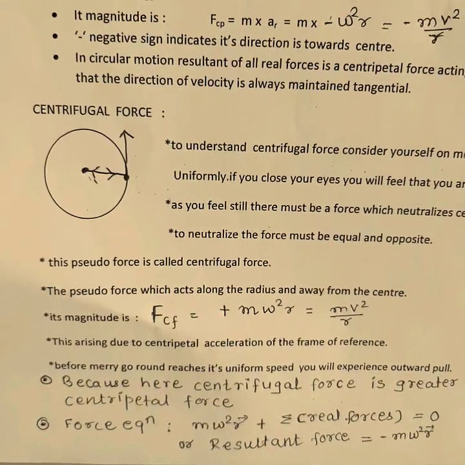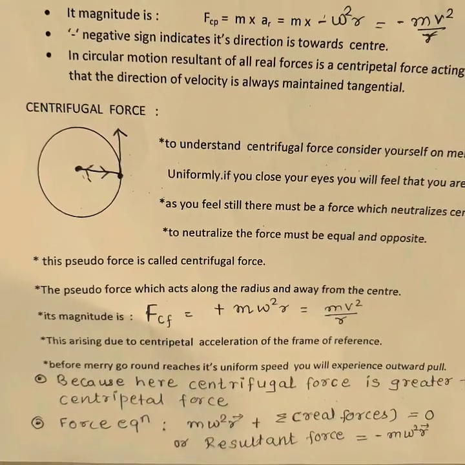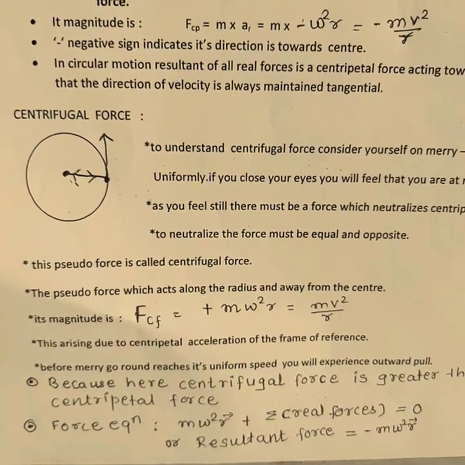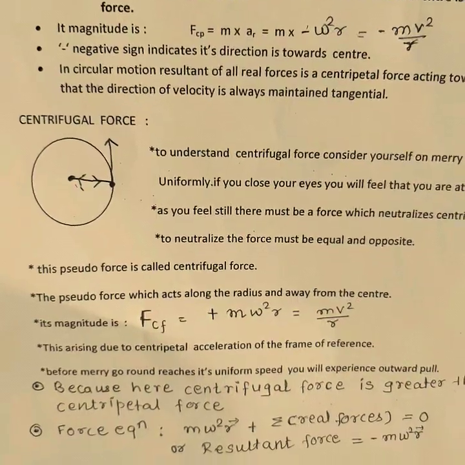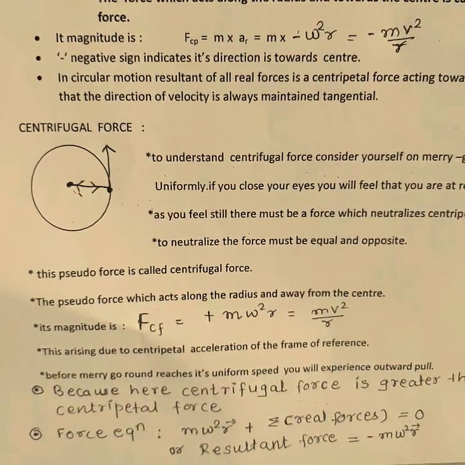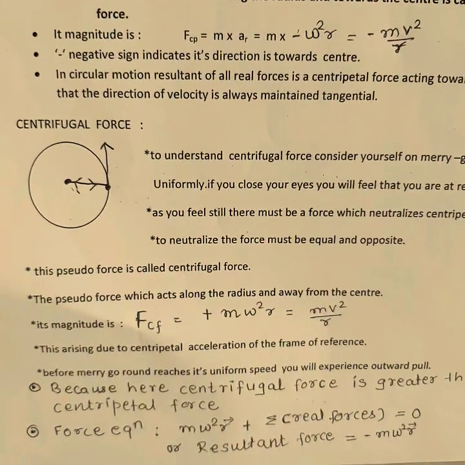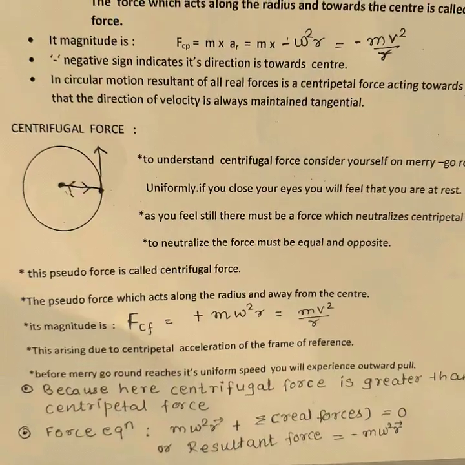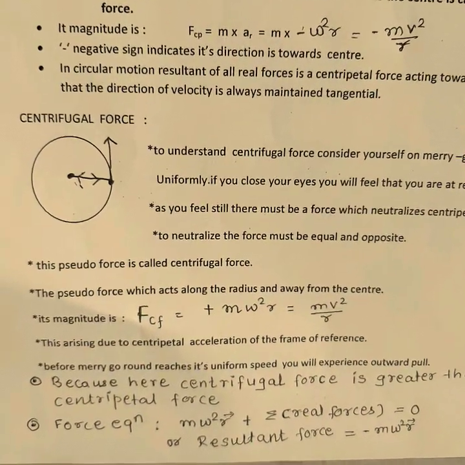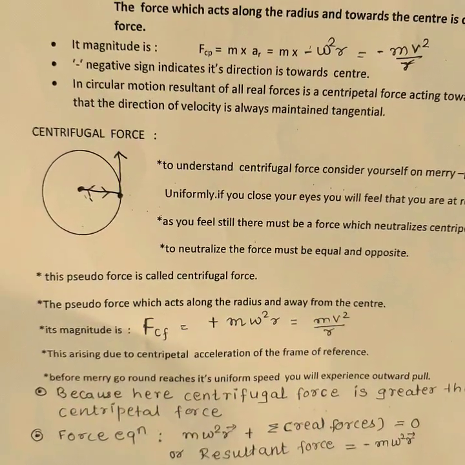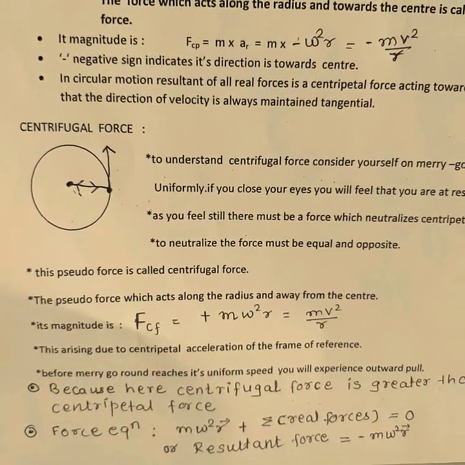Magnitude of both the forces is same. Only the direction is opposite. Centripetal force arises due to inertial frame of reference, where Newton's laws are obeyed, and centrifugal force arises due to non-inertial frame of reference, where Newton's laws are not obeyed.